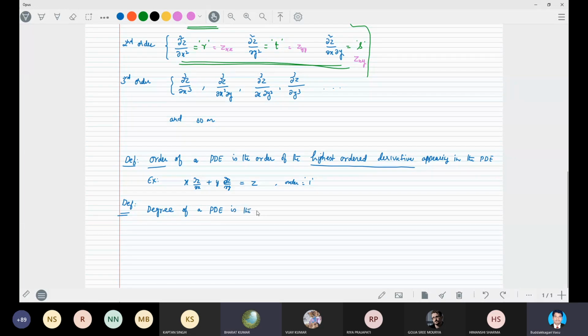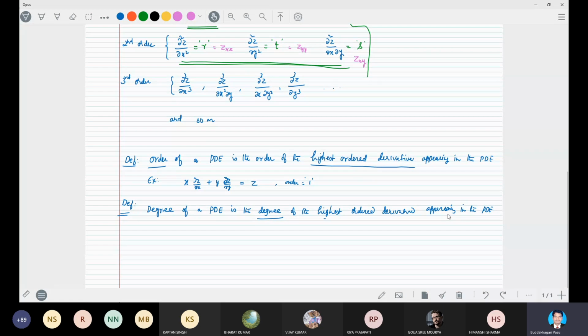The degree of a PDE is the degree of the highest order derivative appearing in the PDE.